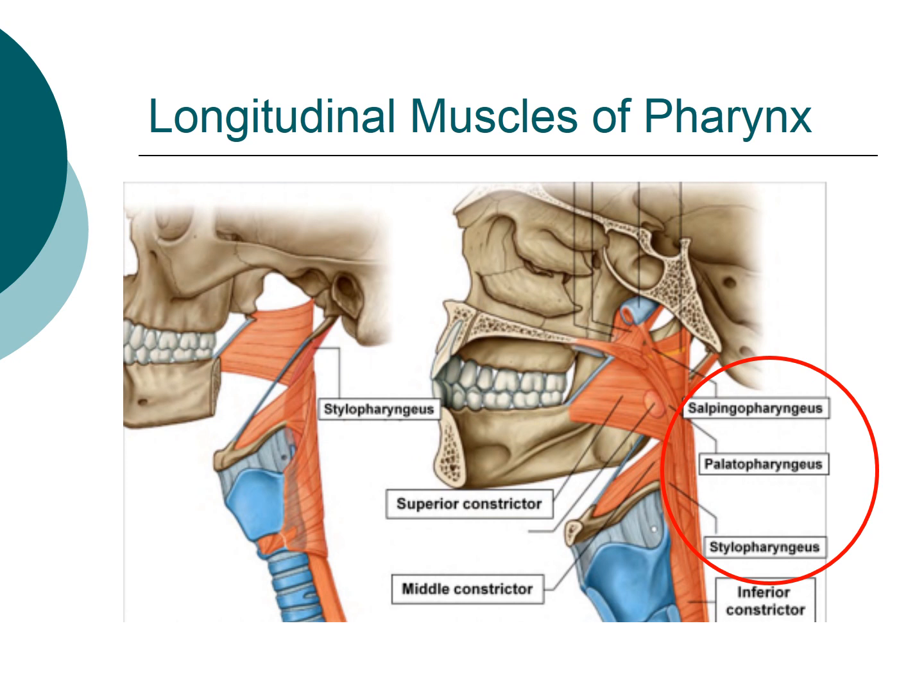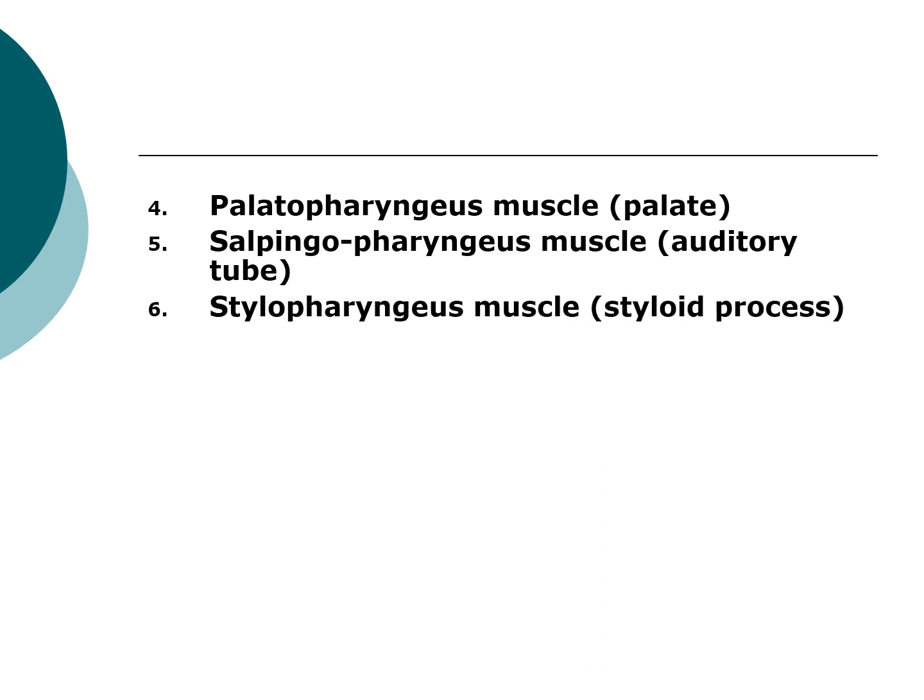The palatopharyngeus is from the palate, from the palatine crest and palatine aponeurosis. Where is the insertion of the palatopharyngeus? The insertion is in the wall of the pharynx and the posterior border of the thyroid cartilage. So these are the longitudinal muscles.